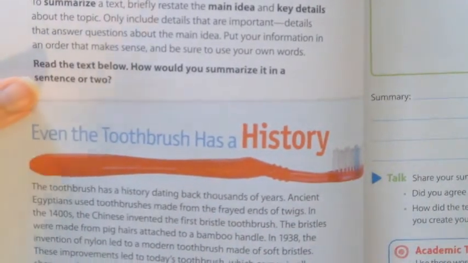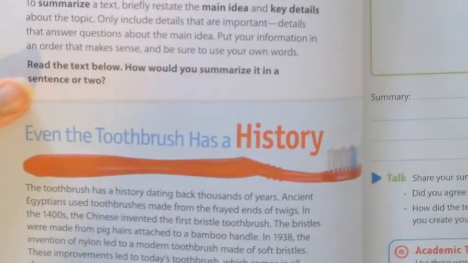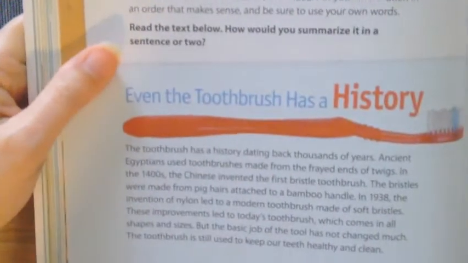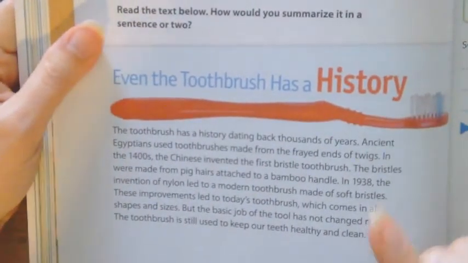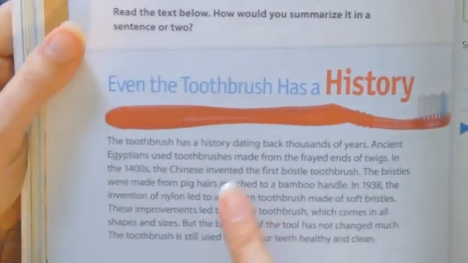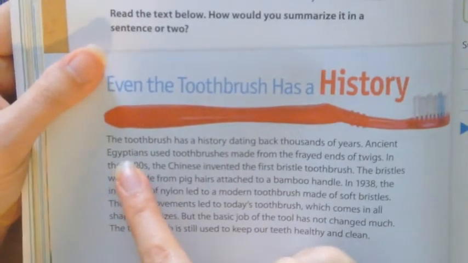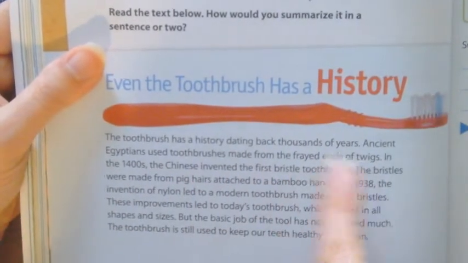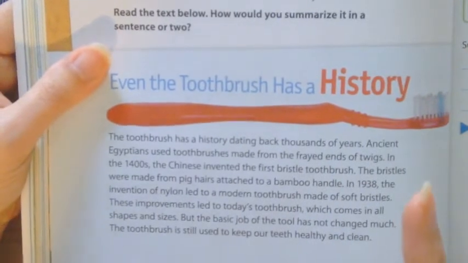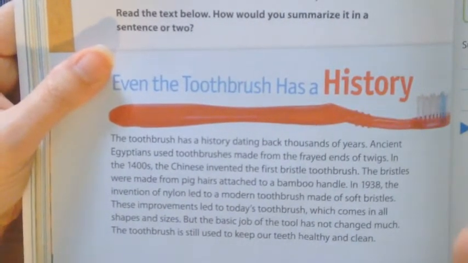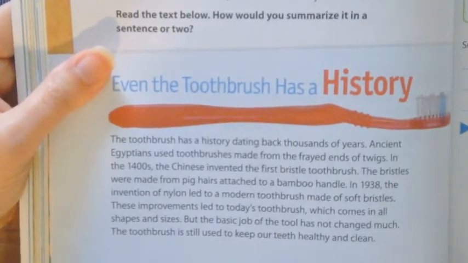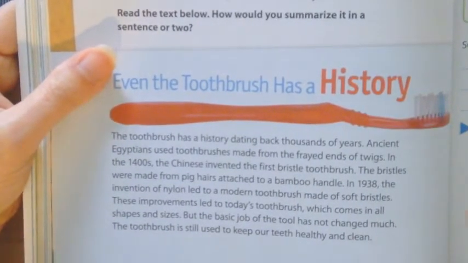Pulling from here in order as much as we can. All right, so if I were to tell you that one piece of detail that I think should be included, I would probably start with, Egyptians used toothbrushes made from the frayed ends of twigs. Does that help me to support my main idea, the materials used to make toothbrushes have changed over thousands of years? Well, am I talking about the toothbrush?